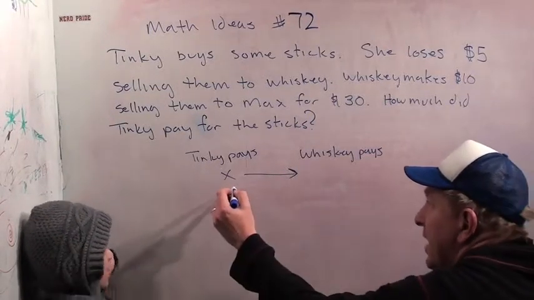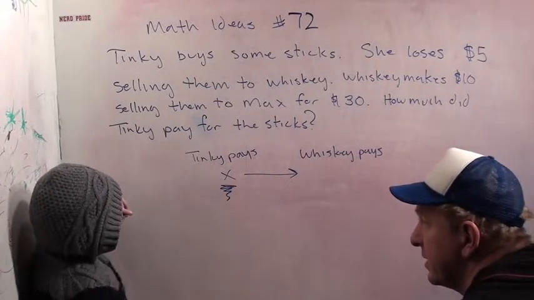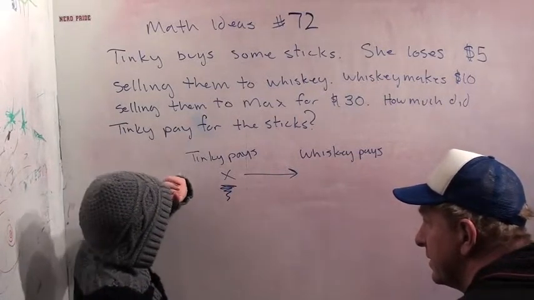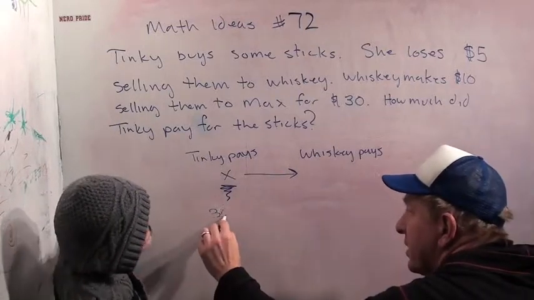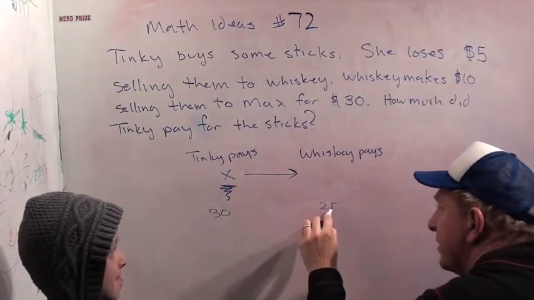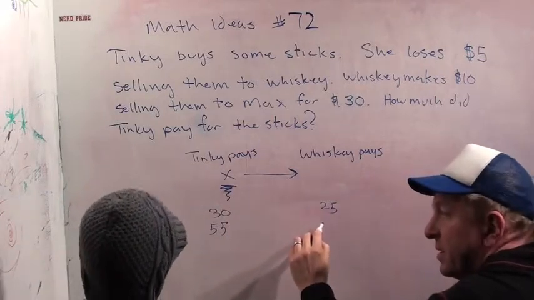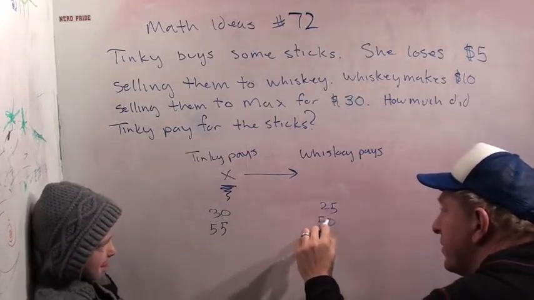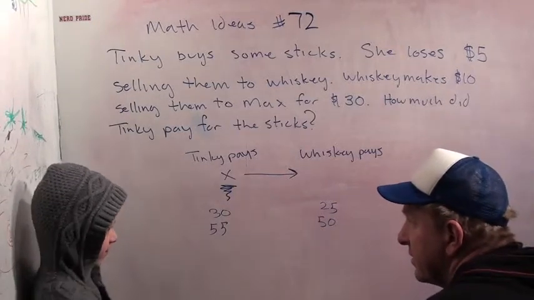So when we start with X, what do we have to write here? How much did Whiskey pay? Remember when it was 30, Whiskey pays how much? 25. When it's 55, how much does Whiskey pay? 50. So we always do what to go from here to here? We subtract 5.